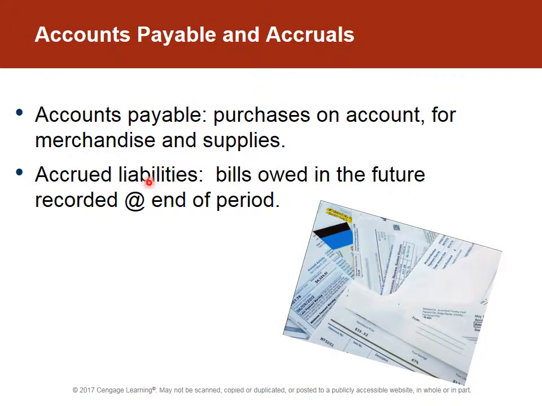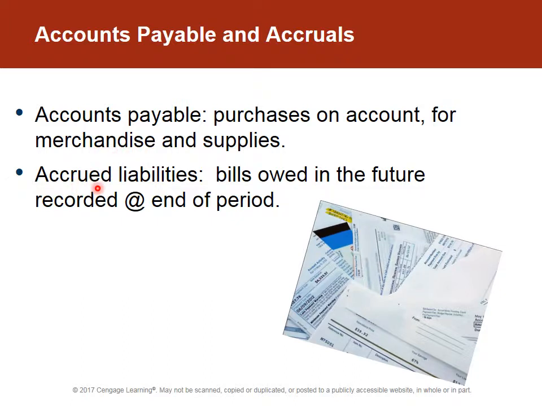Accounts payable versus accrued liabilities. Very good definitions here from the text. An accounts payable is a purchase for merchandise or supplies. So if you look at Walmart, they have an account titled Accounts Payable. It's somewhere around $30 billion, and that is the debt for all of their inventory, the merchandise that they're going to sell.